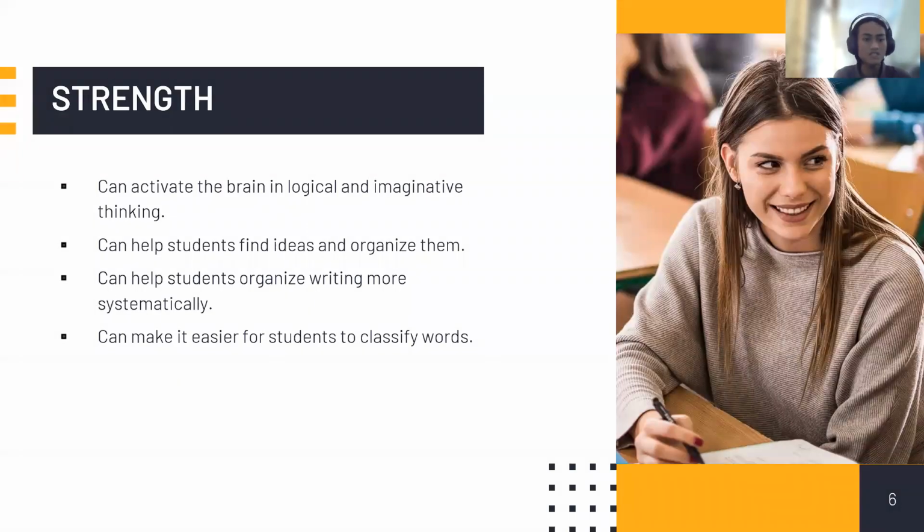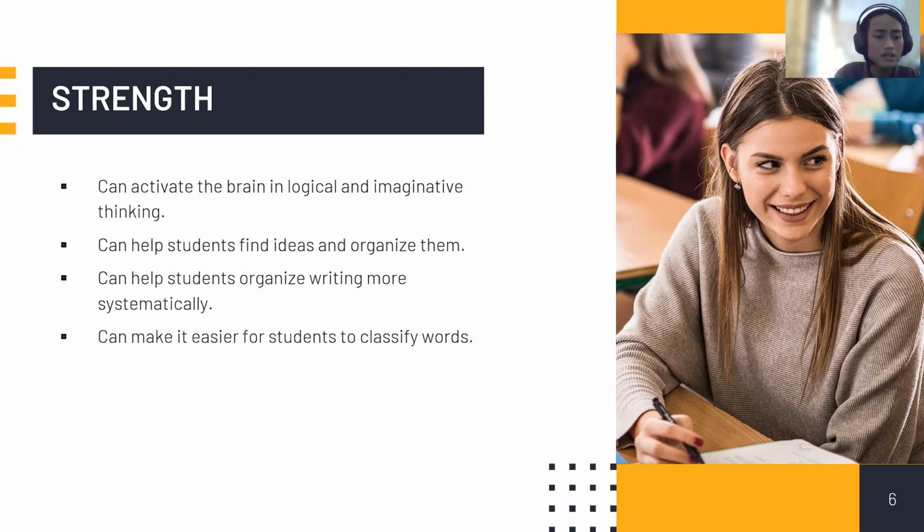And the next is the strengths. So the first strength is it can activate the brain in logical and active imaginative thinking in developing writing ideas, starting from the main idea to specific ideas that support the main idea.